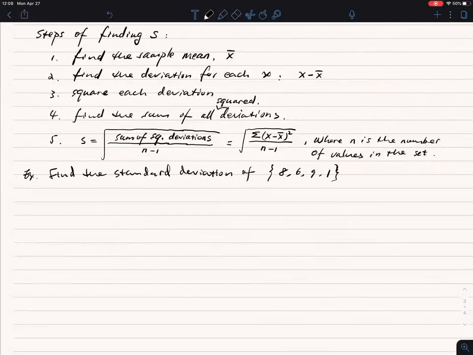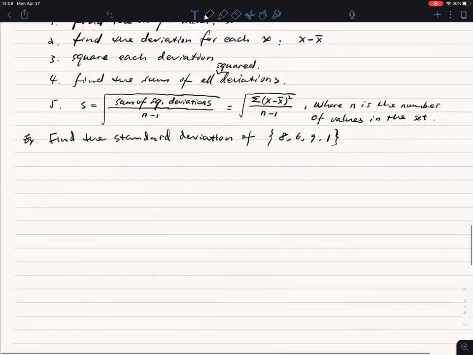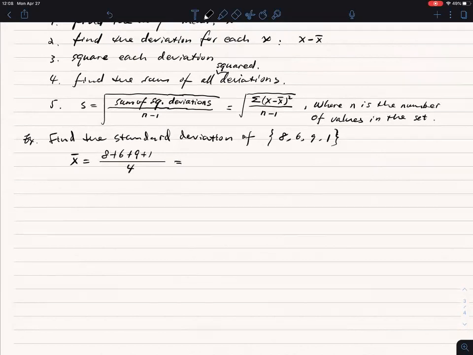Okay, so let's do this. Let's first find X bar here. Find the mean. So we add all the 4 numbers together and divide by 4. This is pretty quick, right? So the numerator is 24, divide by 4, the mean is 6. Then we set up the table.